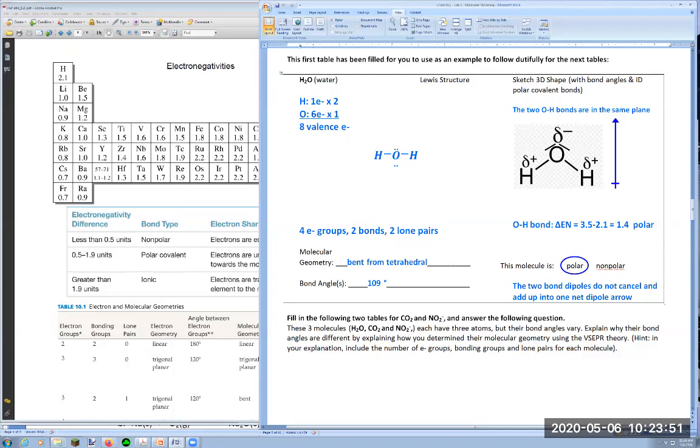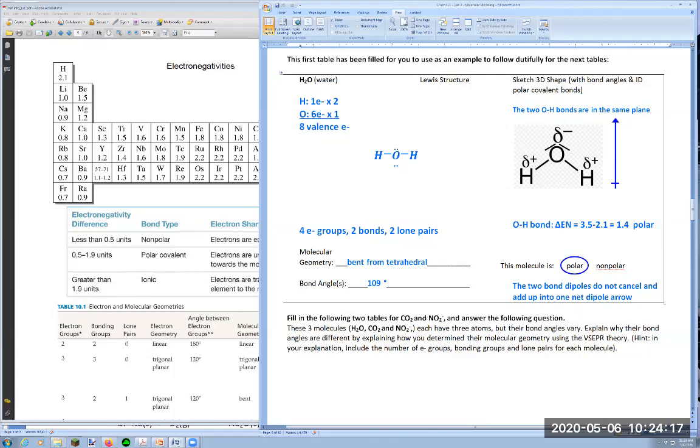The two smaller dipoles are not drawn on this figure, but if we had two little arrows showing the polarity of the O-H bonds, they would be bent towards the oxygen and following the O-H bond.